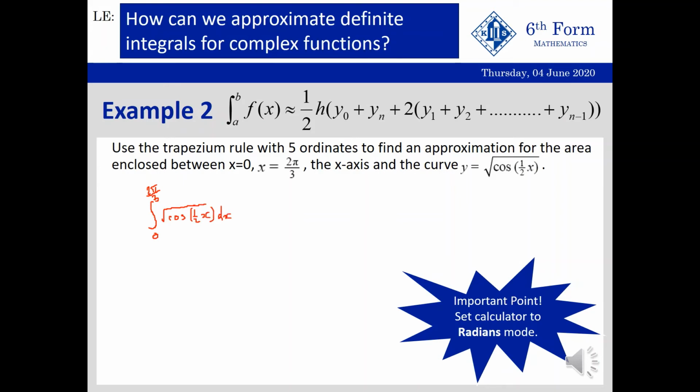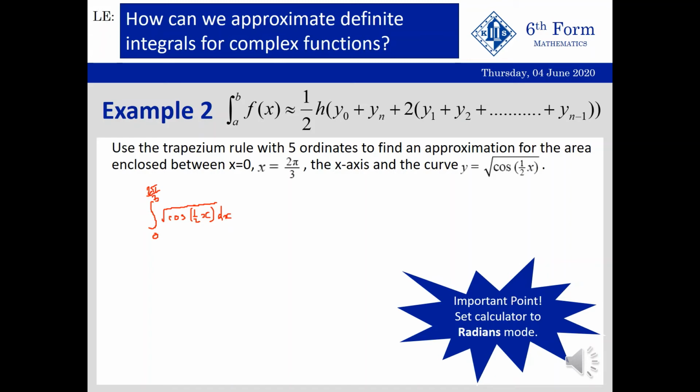So it is using our Trapezium rule in the same way as before, but the question's phrased in a different way. There is one really important thing in here to bear in mind, and this unusual x coordinate is a link to that. We need to actually work in something called radians mode on your calculator to do this.